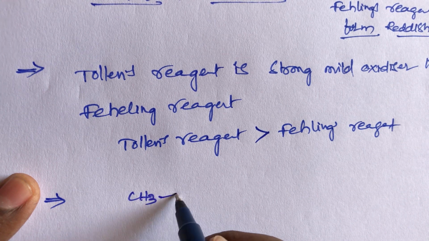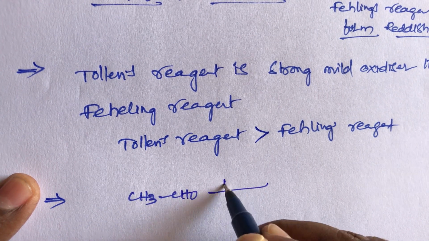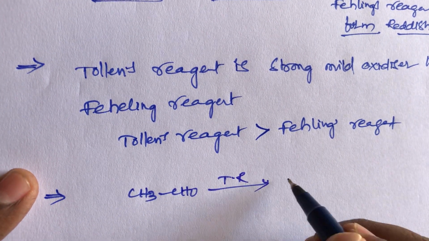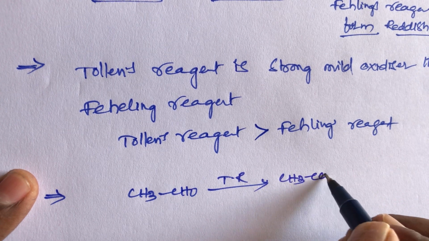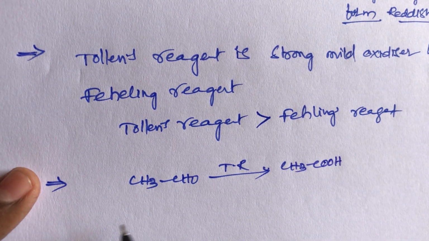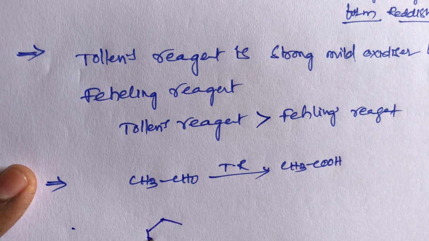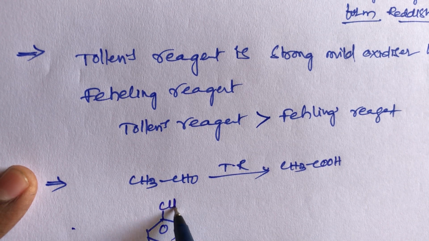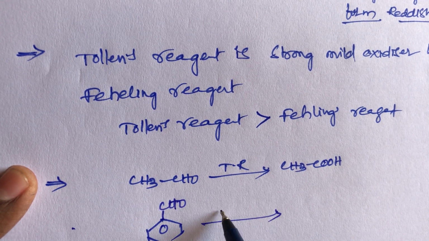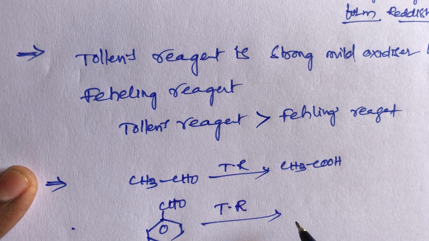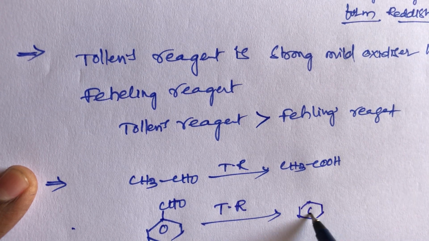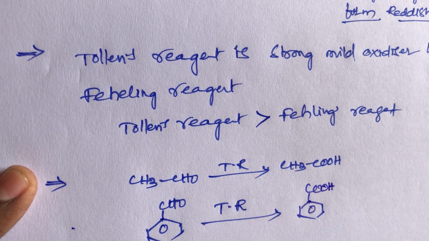Tollens reagent can oxidize aliphatic aldehydes, forming an acid. Tollens reagent can also oxidize aromatic aldehyde, forming benzoic acid. That's why it is a stronger oxidizer.